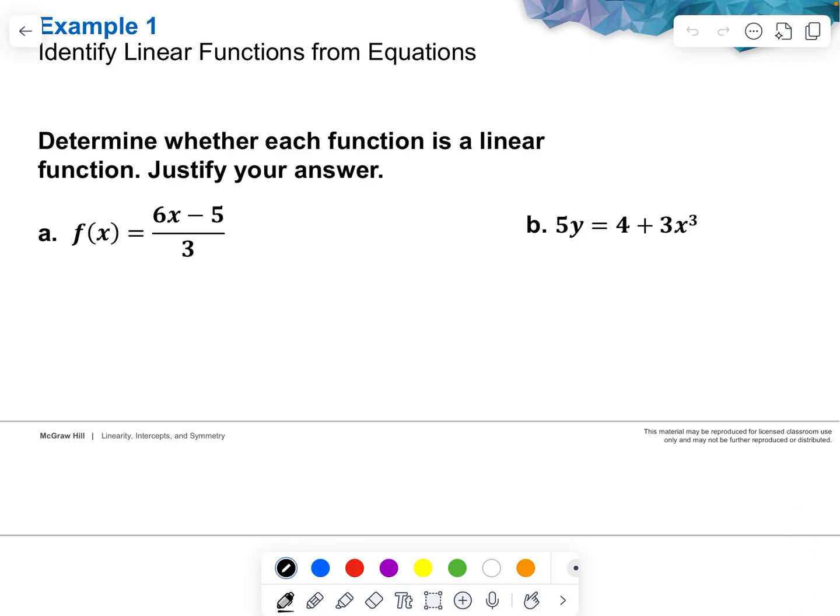So for example A, x is raised to the first power, so this is linear. In example B, x is raised to the third power, so this is nonlinear.